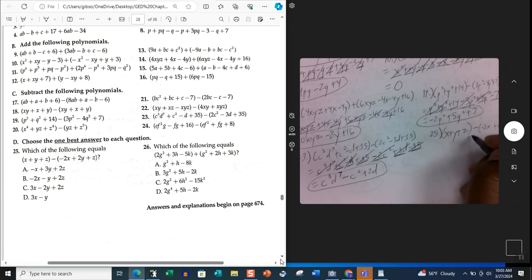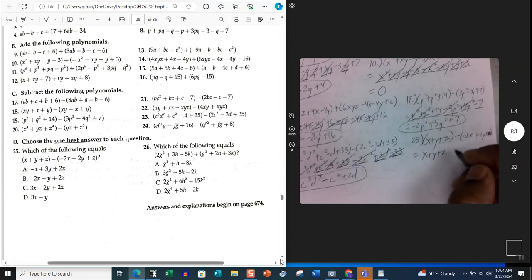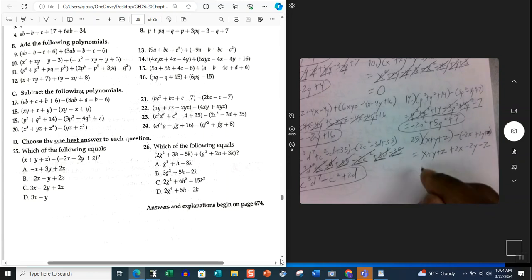All right, so first parenthesis, you can't combine anything. You'll bring it down as is without the parenthesis. Second parenthesis, you have a minus sign in front, so you have to change the sign of everything in this parenthesis. So negative 2x becomes positive 2x. Positive 2y becomes a negative 2y, and positive z becomes a minus z.